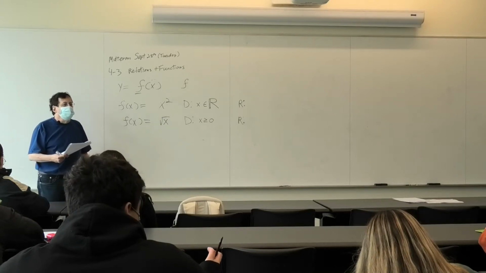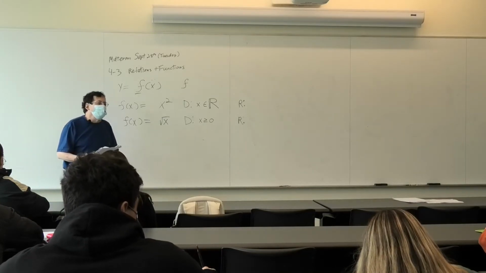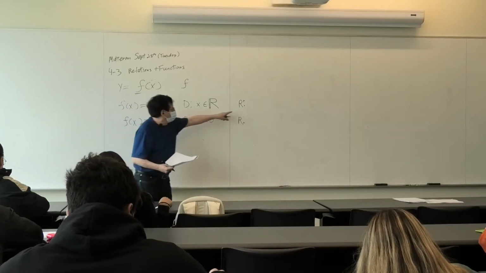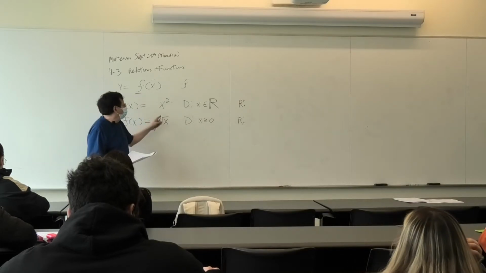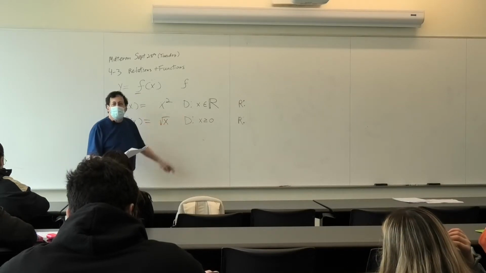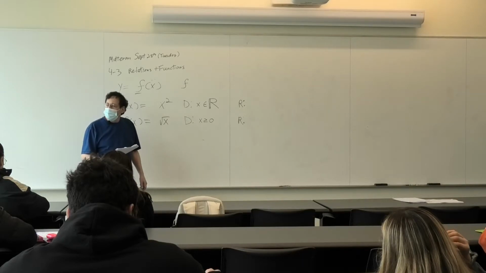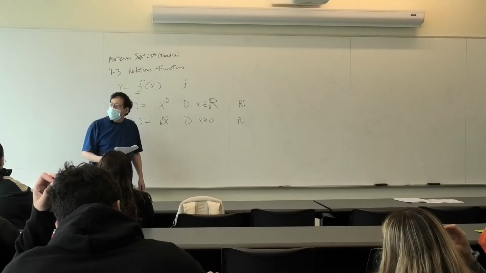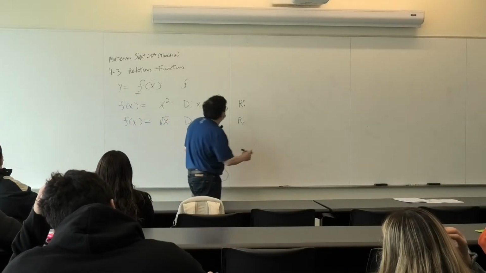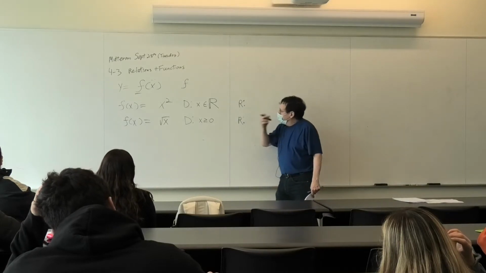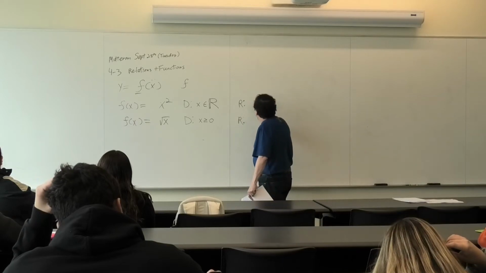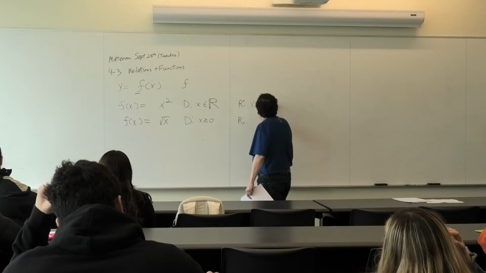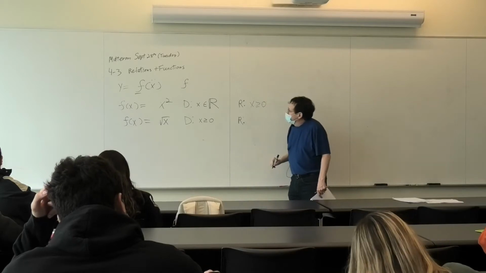You plug in 0, yeah. So 0 is going to be in the range. What about 4? Can I plug something into x that will give me 4? 2, okay. Pretty much any positive number. How about minus 3 or minus 4? Is there something I can plug in to get minus 4? No. So the range is y greater than or equal to 0.